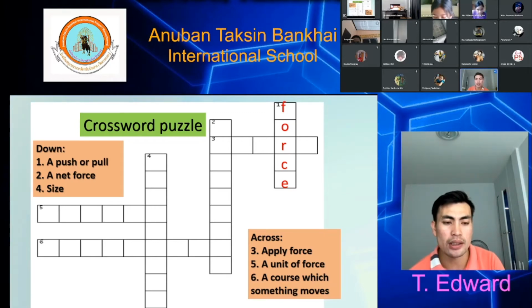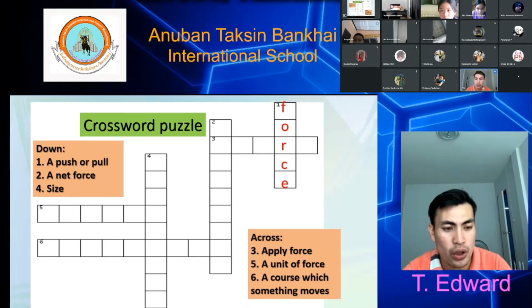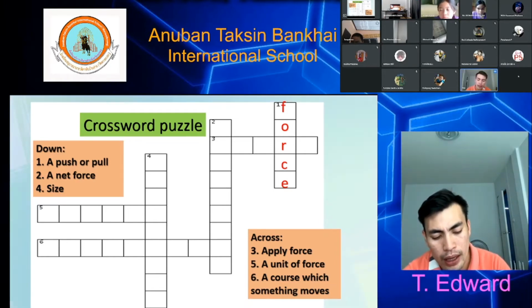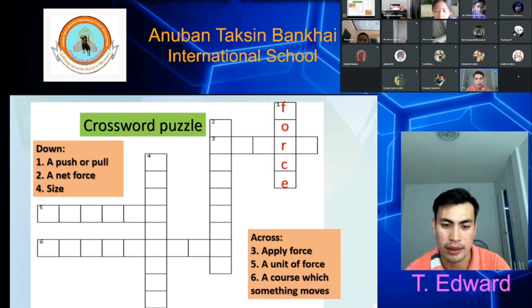Read the instruction or the clue. It is a net force. Number 2, a net force. What is the answer? Watcharit, you finished already? Rest for a while and let's wait for your classmates. It is a force, no? It is a force.